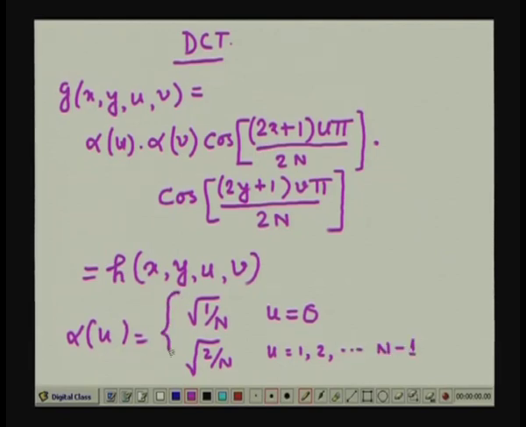So, these are the values of alpha(u) for different values of u, and similar are the values of alpha(v) for different values of v. Now, using these forward and inverse transformation kernels, let us see how the basis functions or the basis images look like in case of discrete cosine transform.